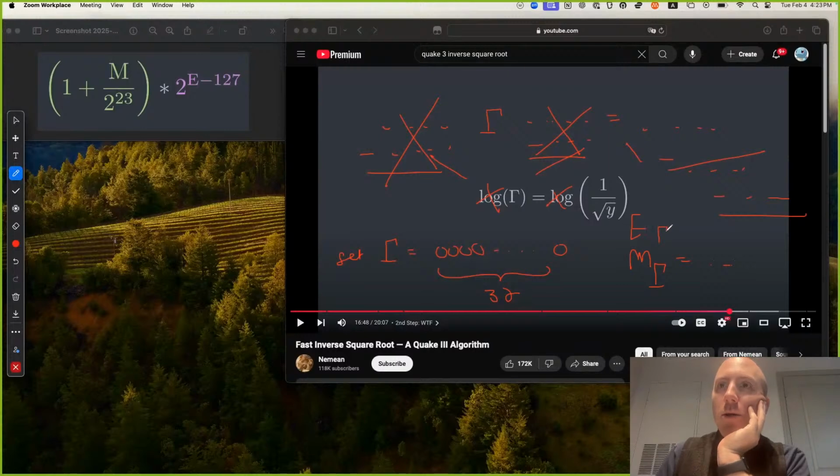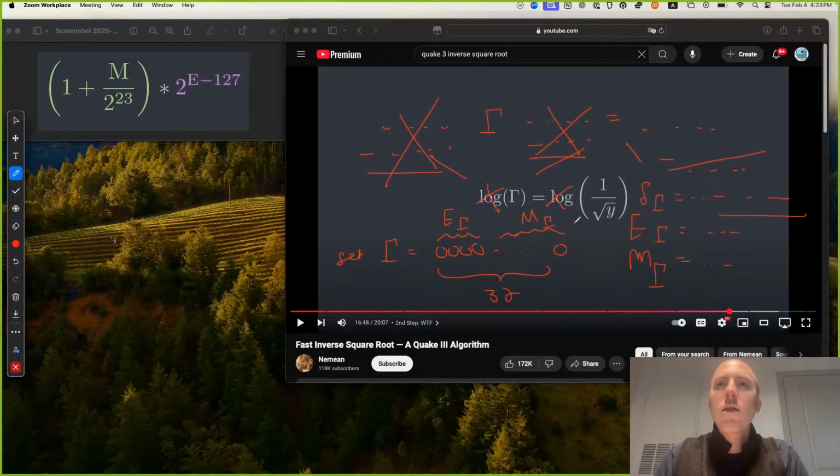We get the exponent of gamma is equal to something, and the sign of gamma is also equal to something, and then we just set those bits. This is the exponent of gamma, and this is the mantissa of gamma.